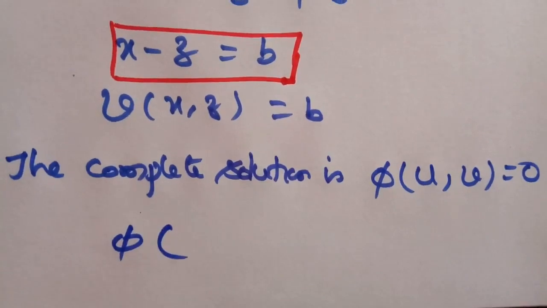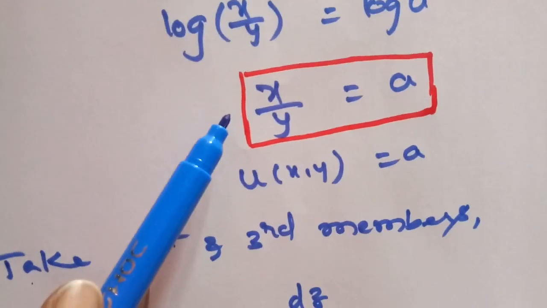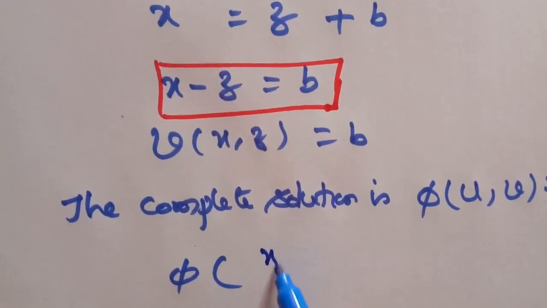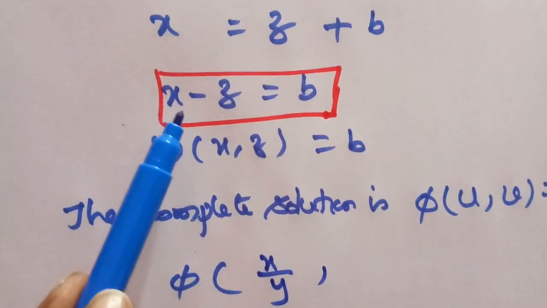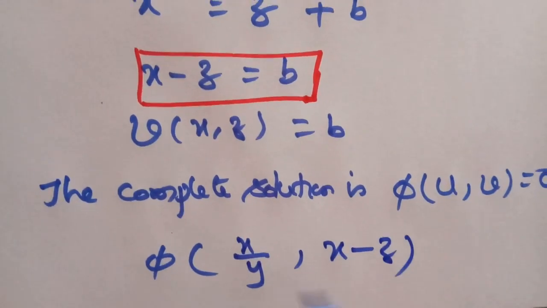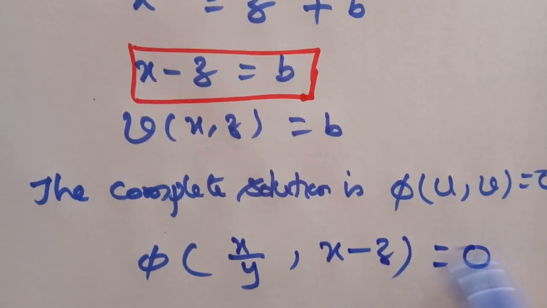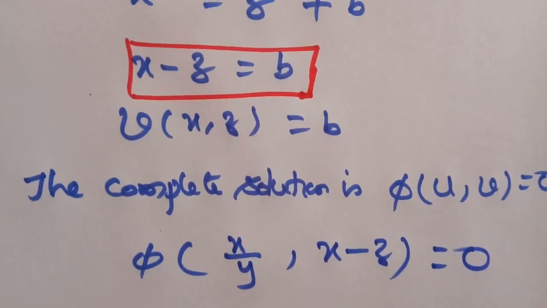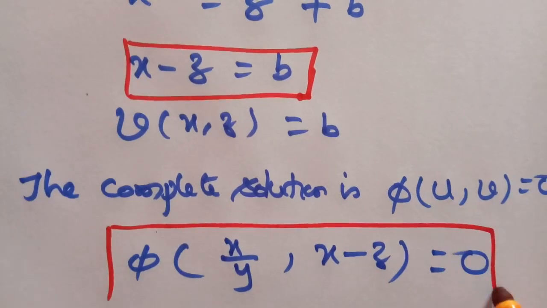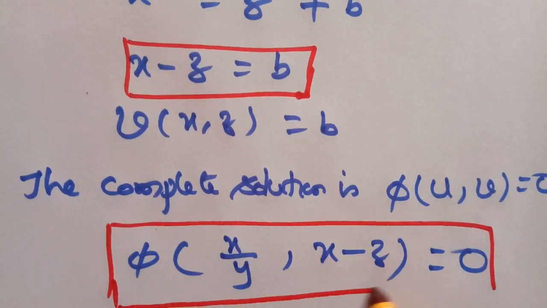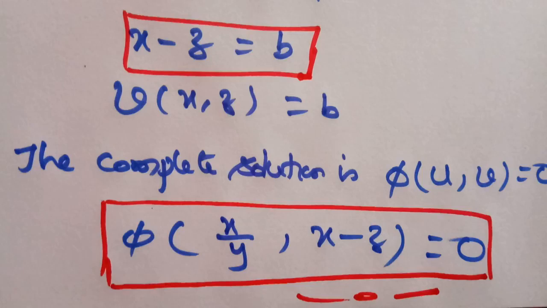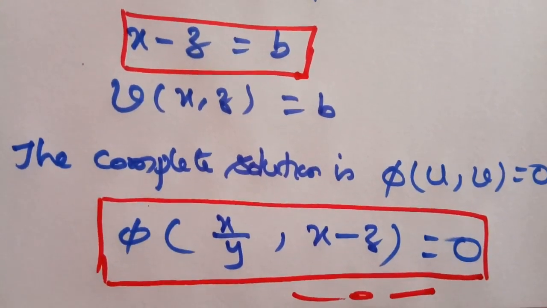Therefore, phi of x by y comma x minus z is equal to 0, which is the complete solution. Here u of x comma y is x by y, v of x comma z is x minus z. This is the complete solution of the given Lagrange's partial differential equation.